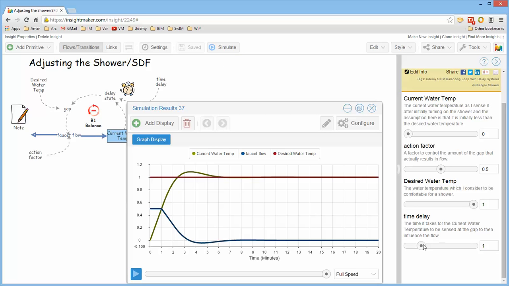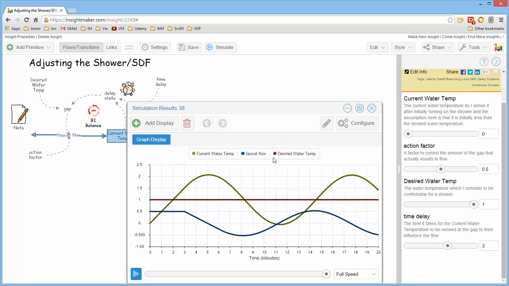Now if I change this and make the time delay longer and do another simulation, I notice that it's still relatively continuous, even though with this kind of time delay, operating with this level of impatience, I'm never going to end up with the water temperature that I really want.